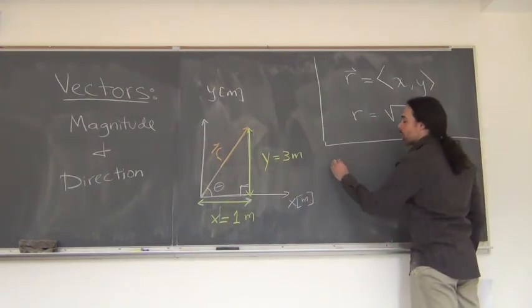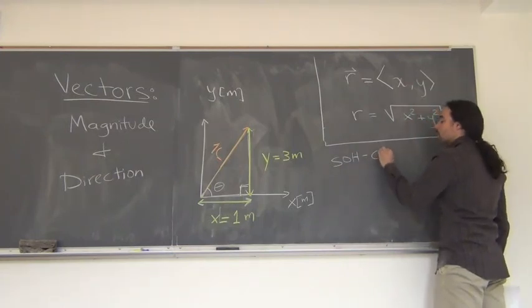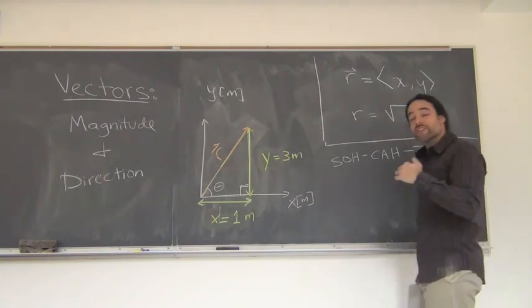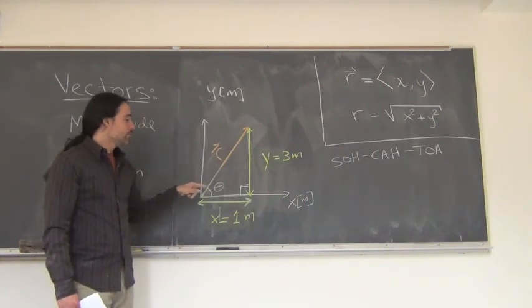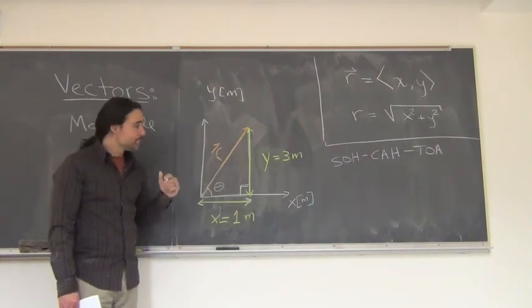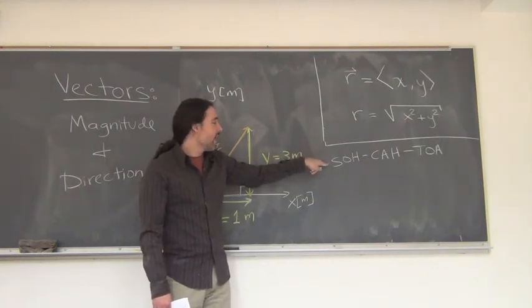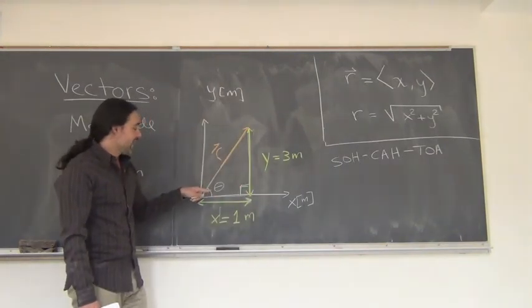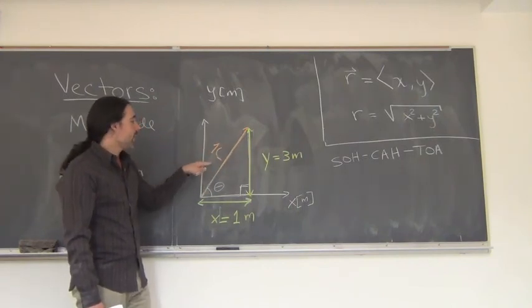So you may remember from trigonometry a mnemonic called SOHCAHTOA, which related the sines, cosines, and tangents of angles to different sides of the triangle. The SOH meant that the sine was equal to the opposite side over the hypotenuse. So that would be saying that the sine of this angle would be equal to the opposite side, which is y, divided by the hypotenuse, which was r.